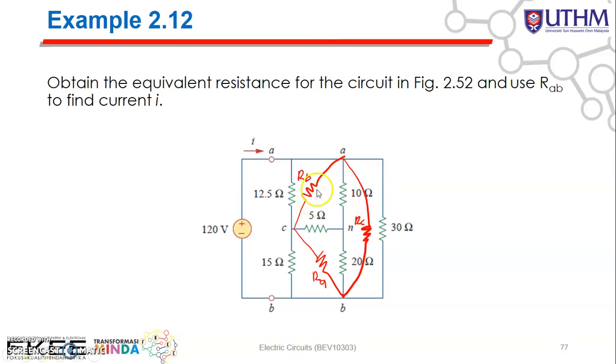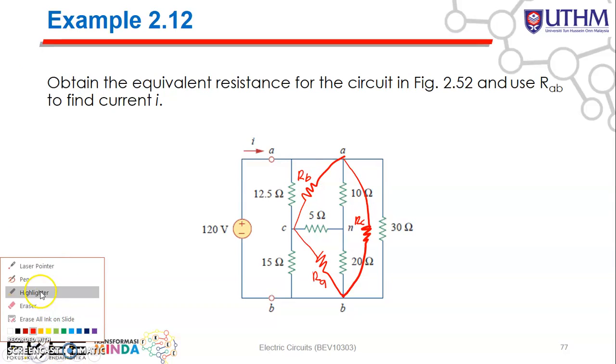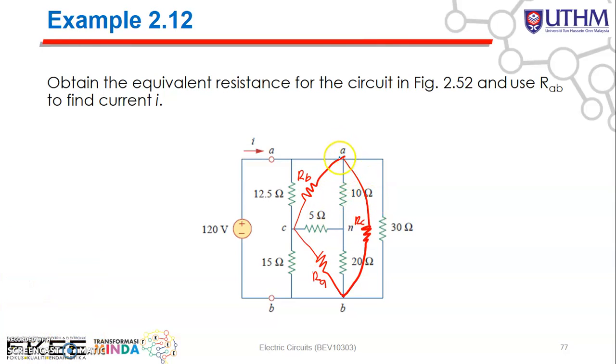How about R1, R2, and R3? Let's change the pen color. The resistor connected to point A is R1. The resistor connected to point C is R3. And the resistor connected to point B is R2.